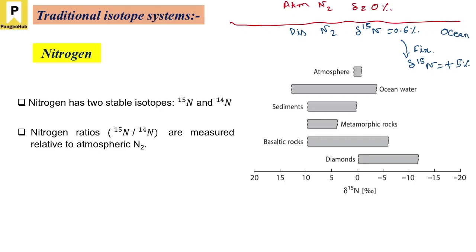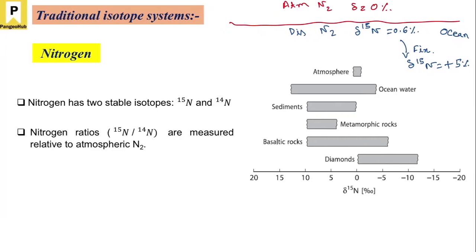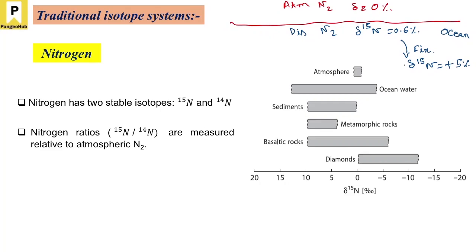Then there is the ammonification process, which changes this isotopic ratio to about 0 per mil.